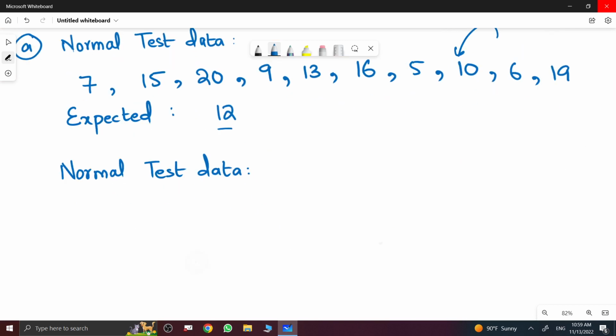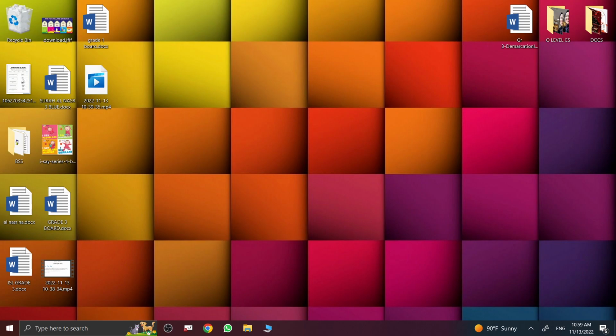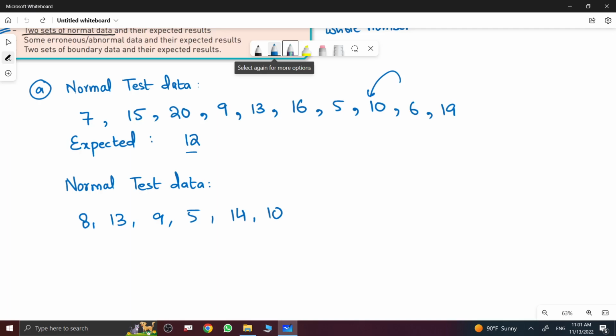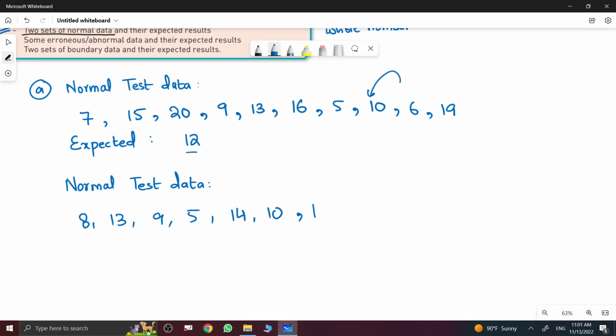So again, let's suppose for another student, the marks attained are 8, 13, 9, 5, 14, 10, then 15, 19, 7, or 8. 1, 2, 3, 4, 5, 6, 7, 8, 9, 10. These are the 10 entries for a student's marks.